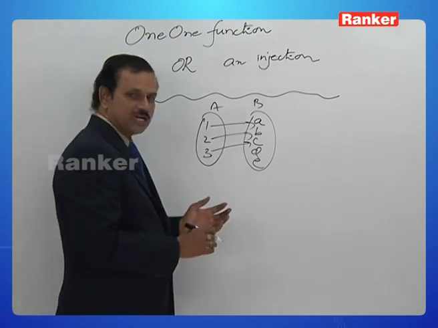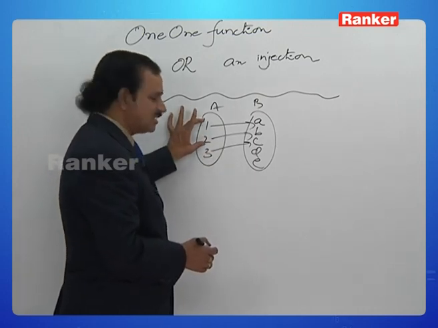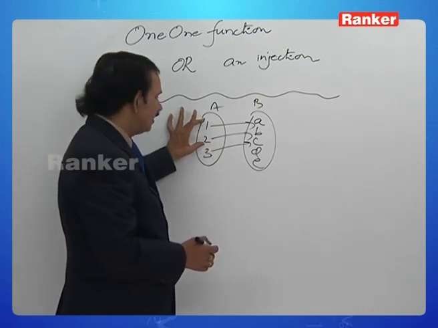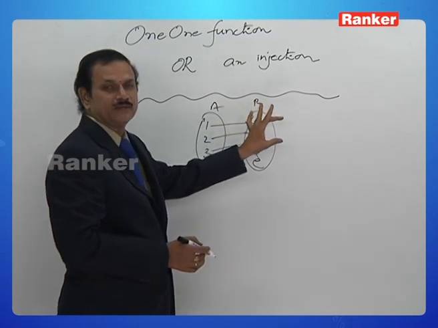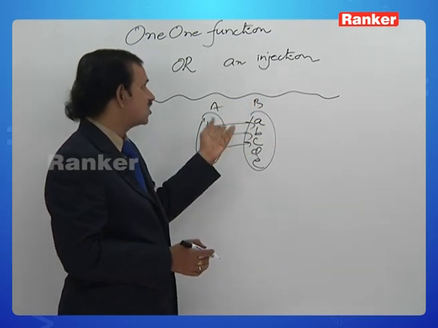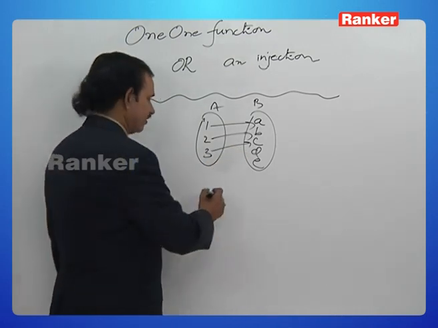So, in order to express this idea in words, distinct elements of the domain are mapped to distinct elements of the codomain. Then only that function is called a 1-1 function or an injection.